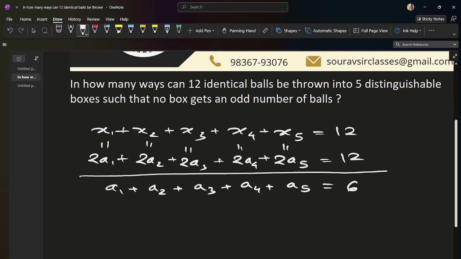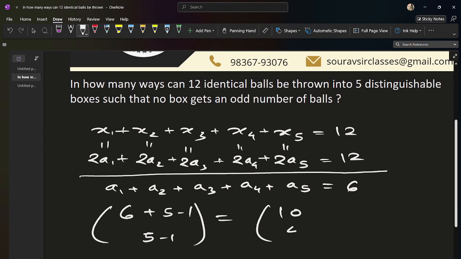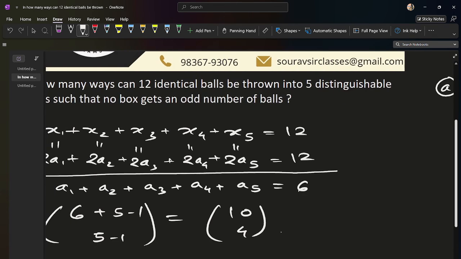So now this is a very well known classic stars and bars theorem. Using this we can get the number of solutions as (6 plus 5 minus 1) choose (5 minus 1). So that will be what? That is equal to 10C4. Okay. So 10C4 is the correct answer of this question, which is option A.